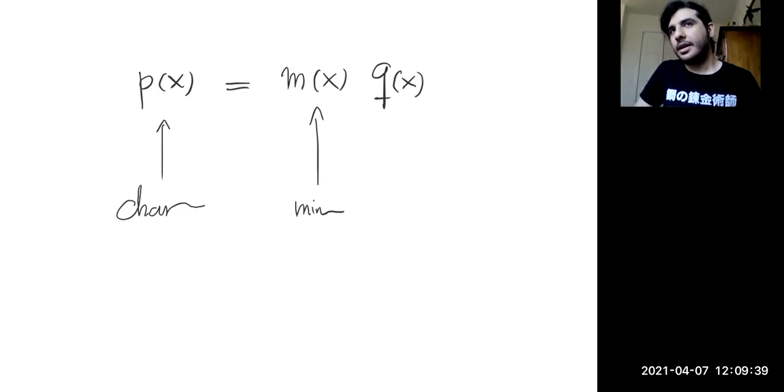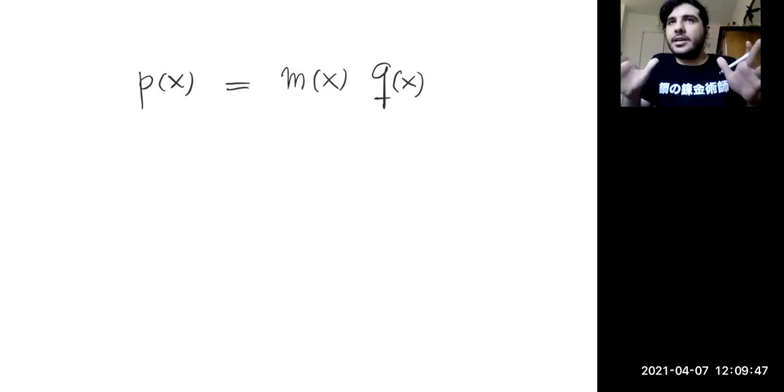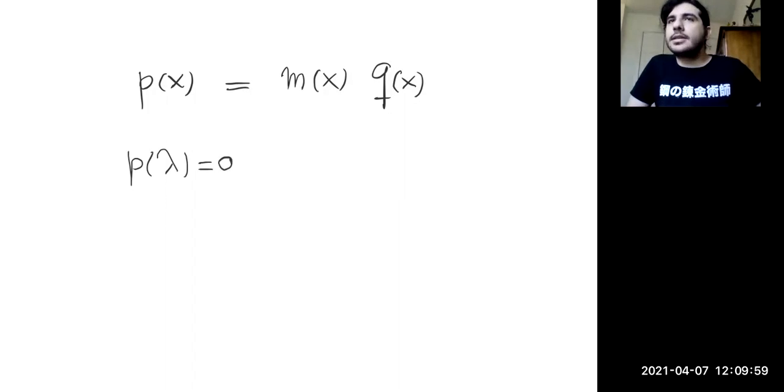Okay. Now, what does this tell us? Any root of p of x, so suppose we have a number lambda which is a root of p of x. What does it mean about lambda?